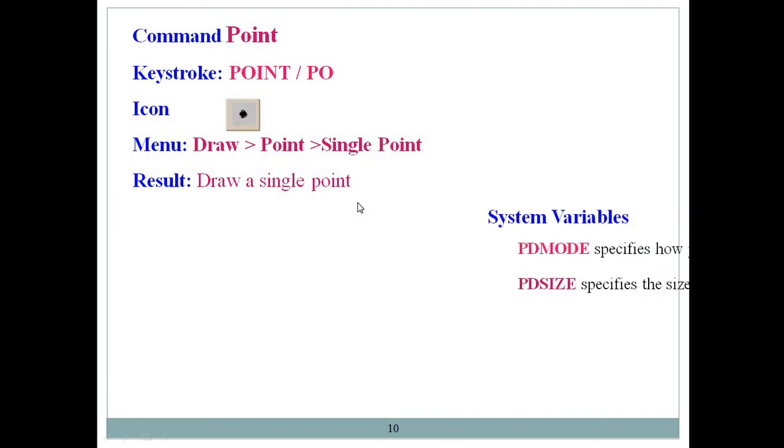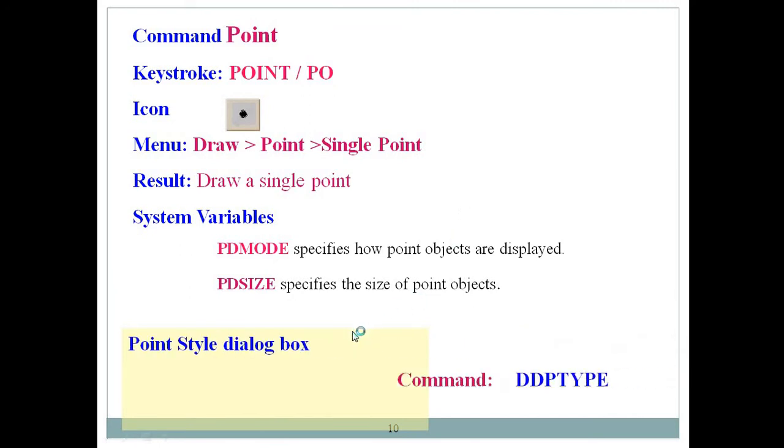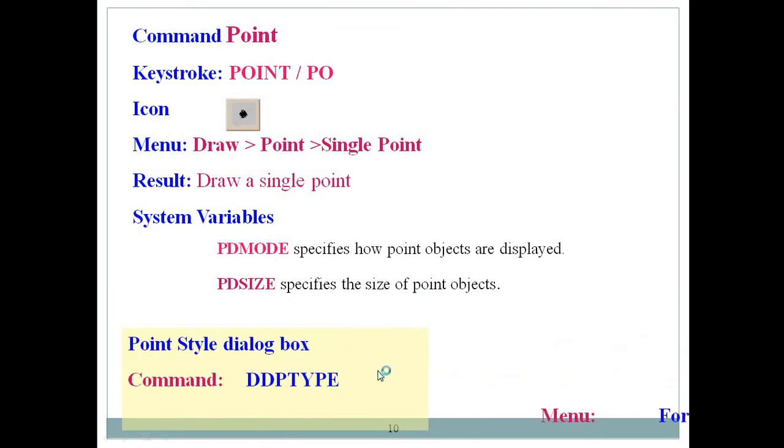Then we need system variables. PDMODE specifies how point objects are displayed, and PDSIZE specifies the size of the object. Then we need the Point Style dialog box.